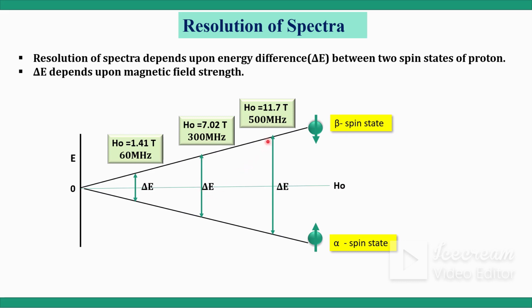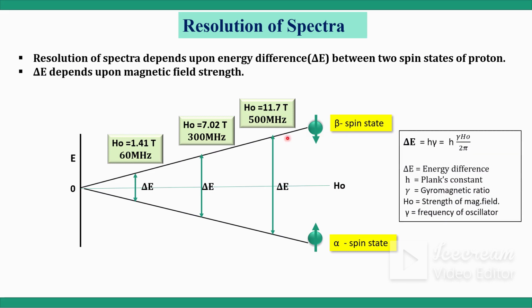For research, high resolution spectra is necessary. Generally, the 500 MHz spectra is recorded and which is useful for research. Thus, in instrumentation process, we see how spectra is recorded and how more resolved spectra is obtained.